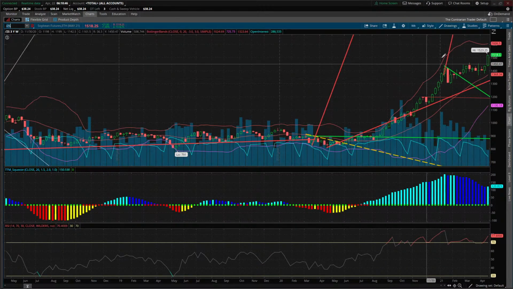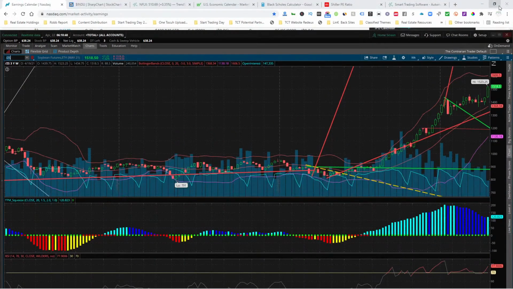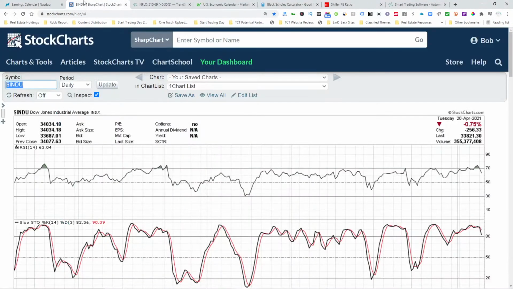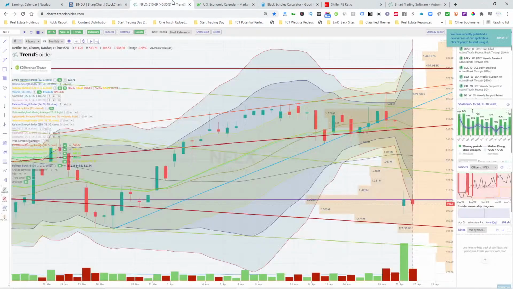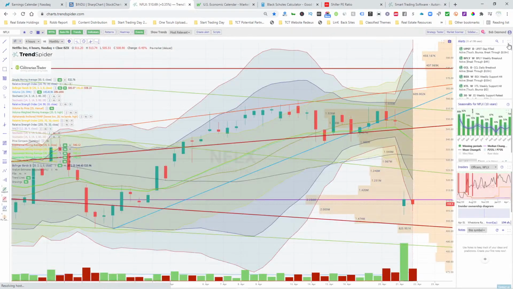Let's go to chart requests. Here is Netflix. For those wondering what type of trade we did on this to book a profit in such a nightmarish earnings aftermath, we sold a strangle.